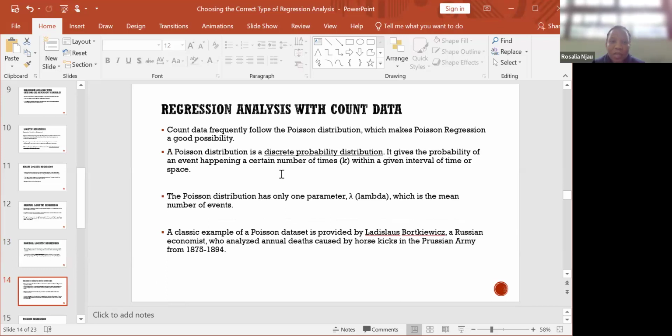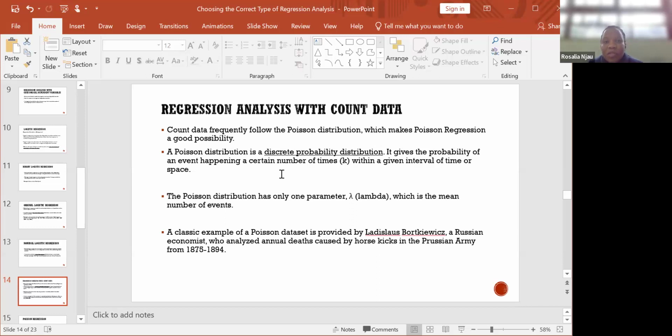We earlier saw that there are three types of distributions within these models that we are discussing today: the normal distribution, the binomial distribution, and the Poisson distribution. Now we're moving from the binomial distribution into the Poisson distribution.